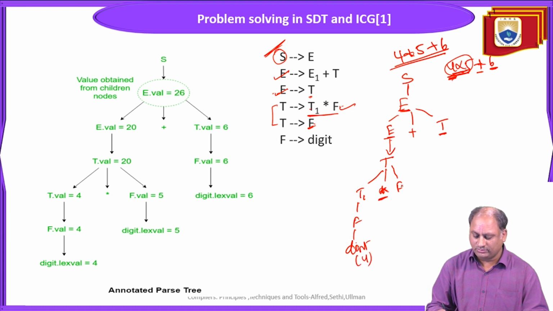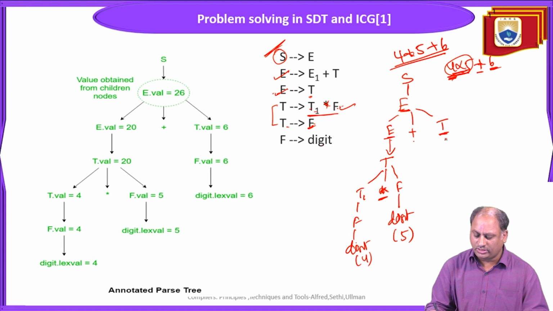Similarly for the star, same as this. F has only one derivation, digit, which is considered 5. Then plus, and on the right side we have the branch where T contains T star F or F, but T star F is not required, because there is no star operation for this 6.